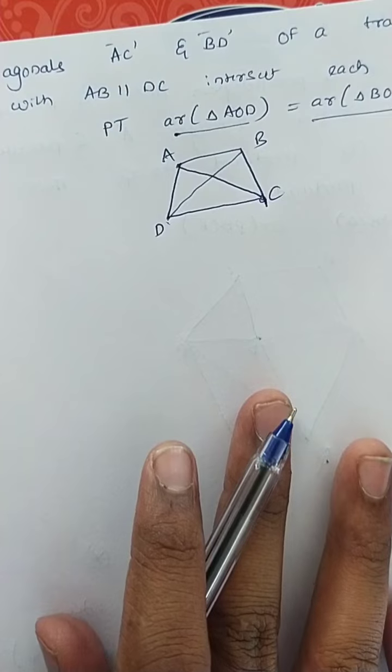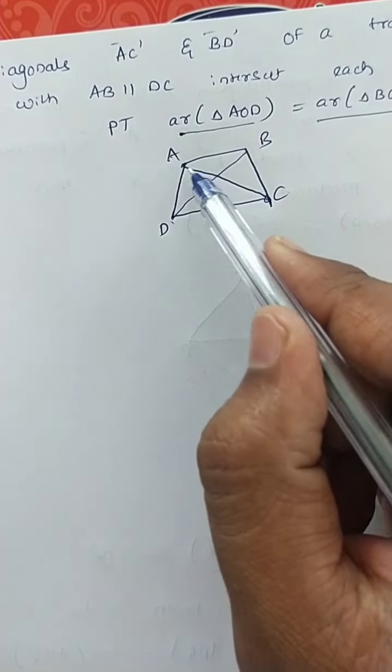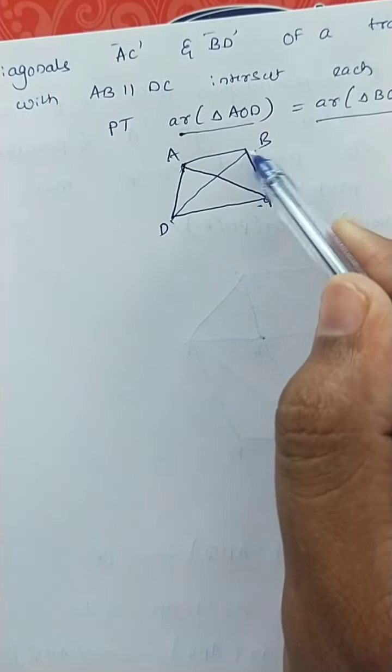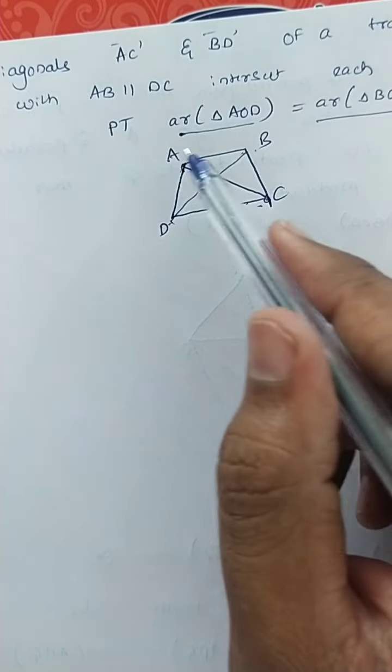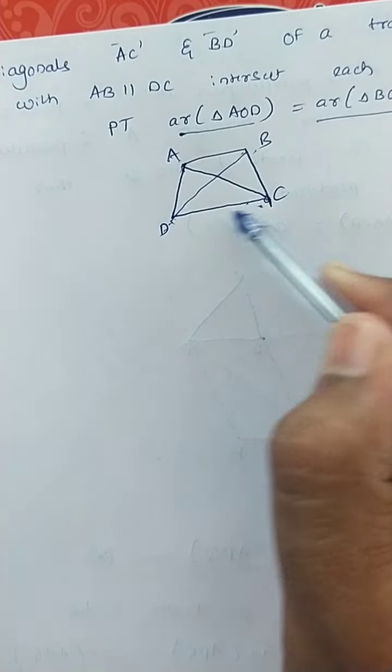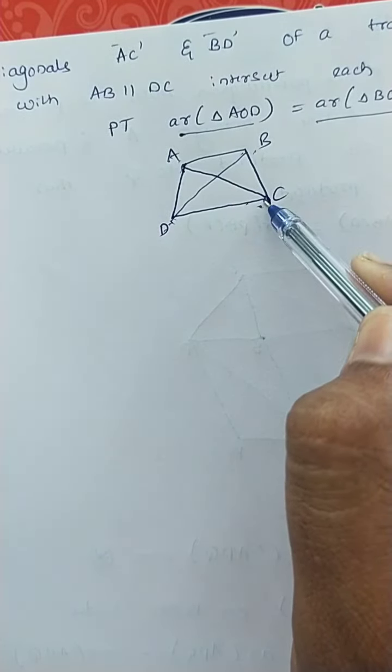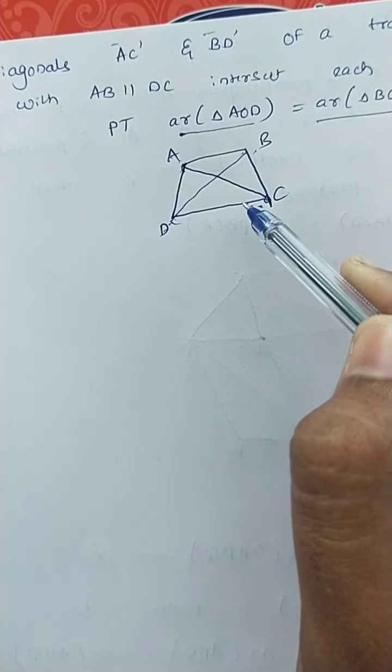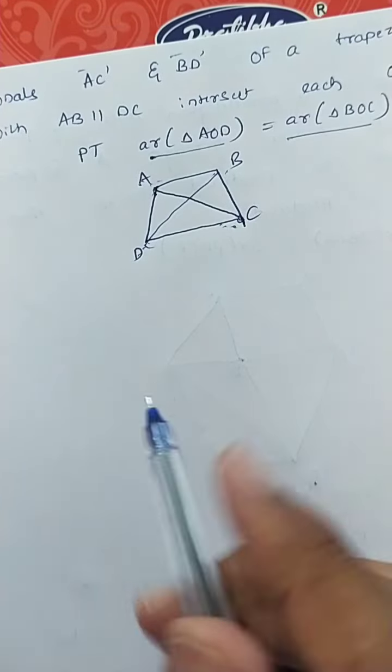Just observe the figure. Now we can see triangle ADC and triangle BDC. Triangle ADC and triangle BDC are on the same base DC and between the same parallels AB and CD.